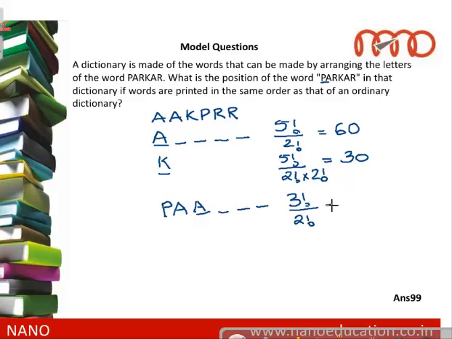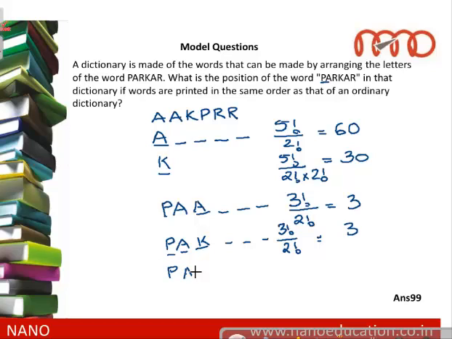R, K, R, 2 R's are identical. We can do this in 3 ways. Then after P, A comes P, A, K. Starting with P, A, K, the remaining 3 letters we can arrange in 3 factorial by 2 factorial ways. 2 R's are identical. We will have another 3 words.